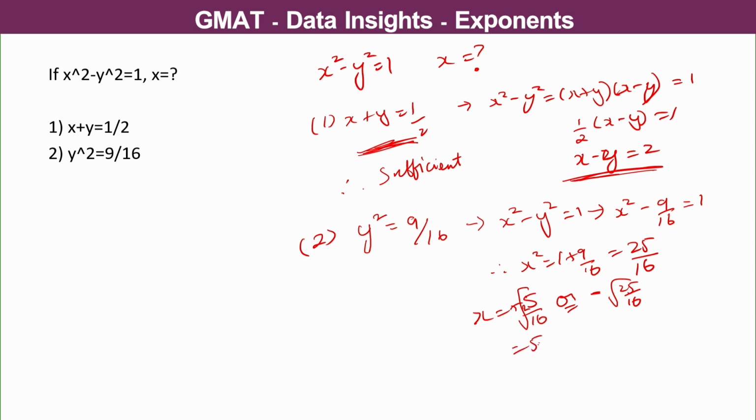It can either be 5 by 4 or minus 5 by 4. Therefore it is not sufficient. It's giving us two values instead of one definite value. Therefore the answer is option A, where statement 1 alone is sufficient to answer the question.